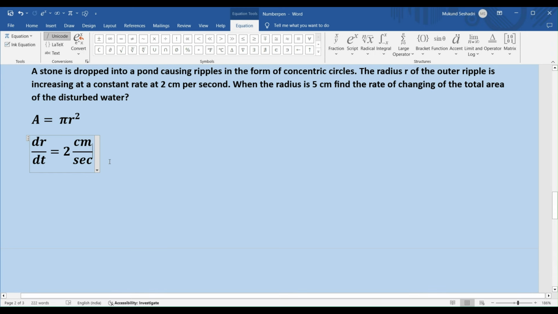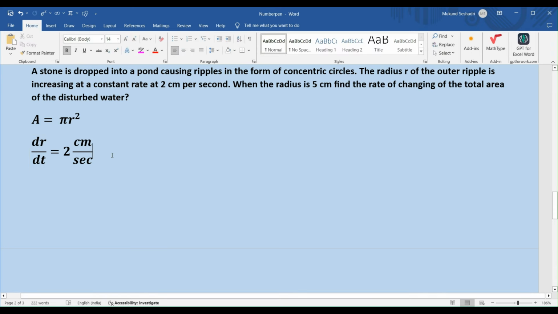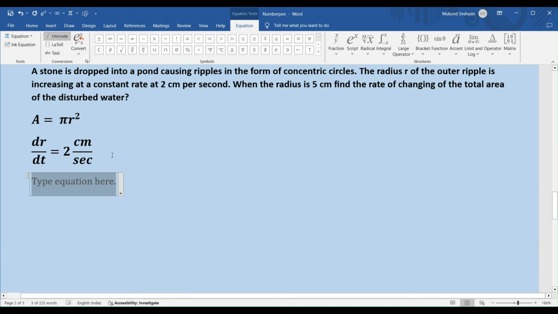So whenever we've been asked to find the rate of change of a parameter, that's most often with respect to time, and in this particular case also we have been asked to find the change of area with respect to time, right? So how do we represent that? It's nothing but your dA by dt, right?